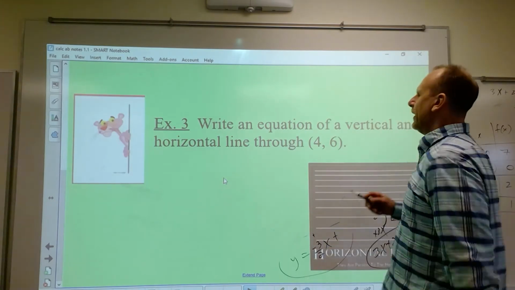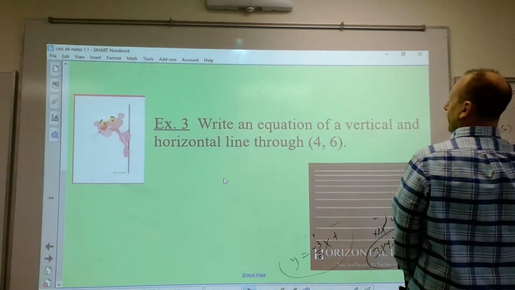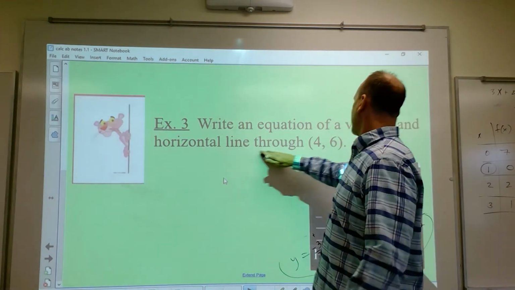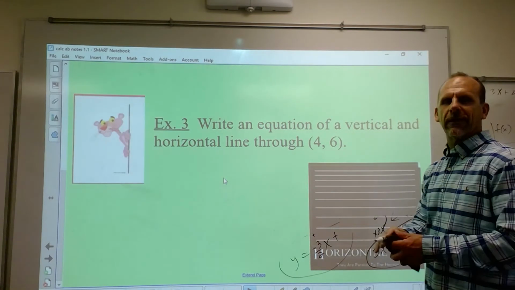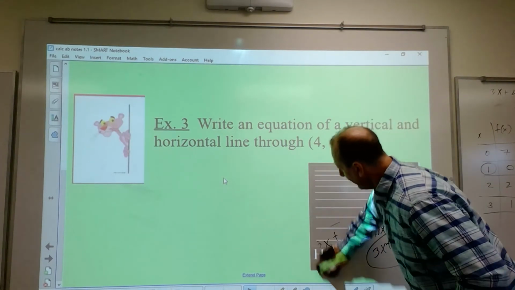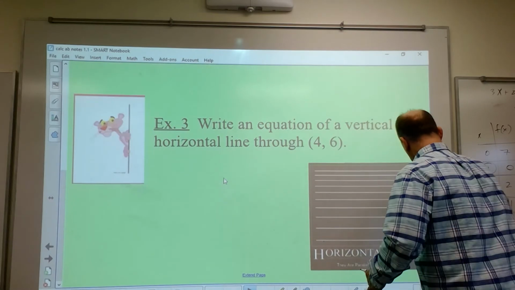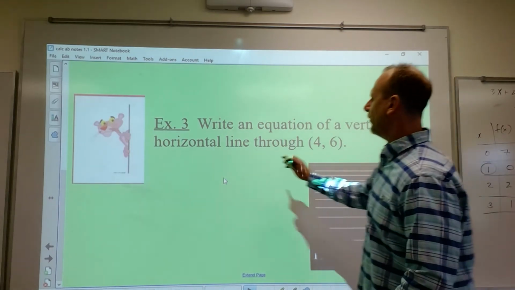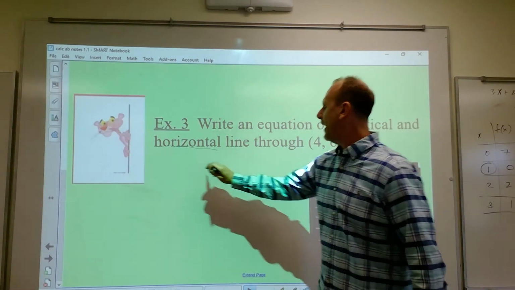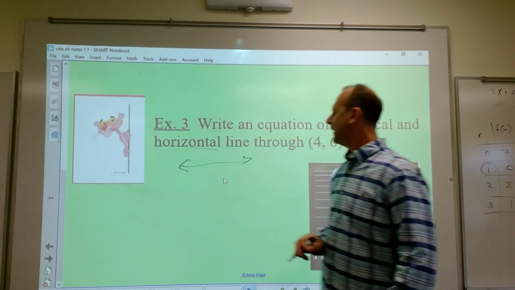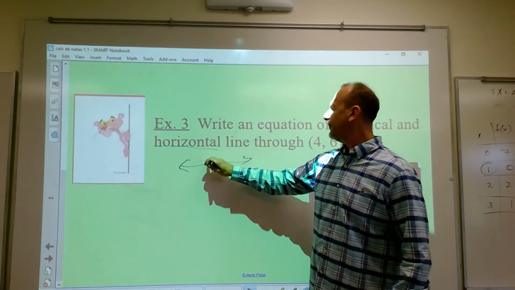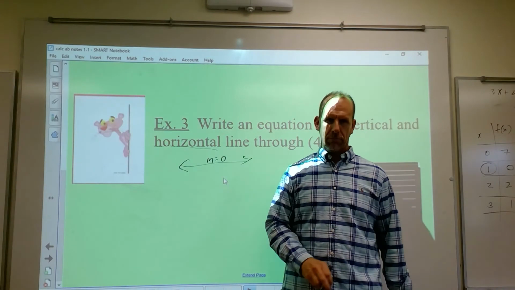Anyway, last equation. Write the equation of a vertical line and a horizontal line through 4, 6. Okay, let's do horizontal. A horizontal line is this line. It has a slope of 0.